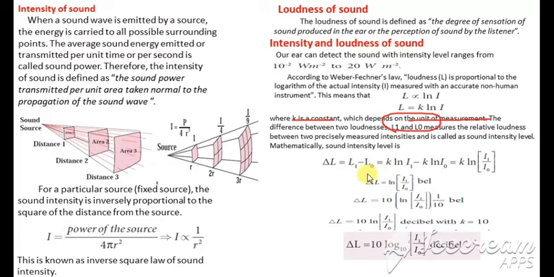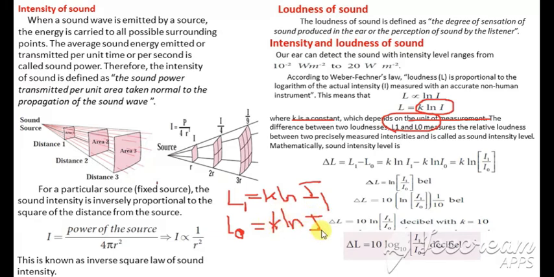இப்போ L is just k of ln I. L1 எழுதும் போது k into ln of I1 அப்படின்னு எழுதுறோம். And for L0, that can be written as k into ln of I0. So writing this value here, taking k outside, k into ln of I1 minus ln of I0.